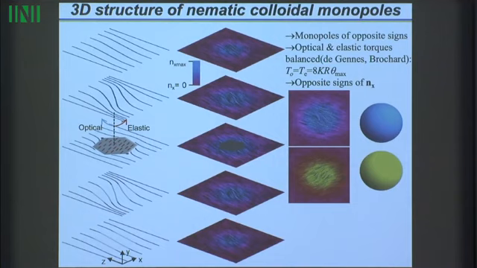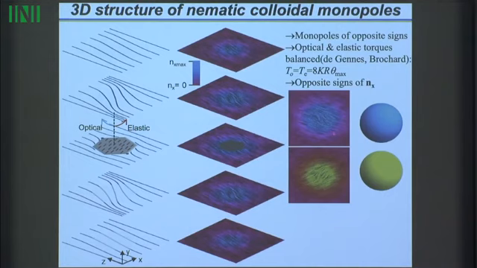Now, what's very interesting is that de Gennes and Brochard, again employing electrostatic analogy, were able to predict what would be the elastic torque if you were to rotate the director with some particle, like a grain of magnet or something like this, in a certain direction.